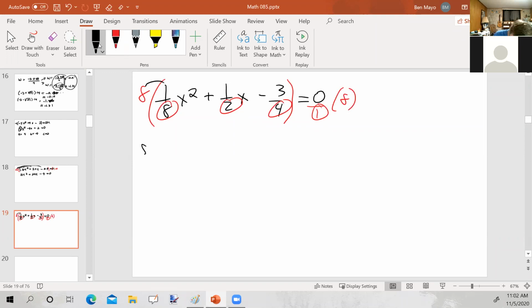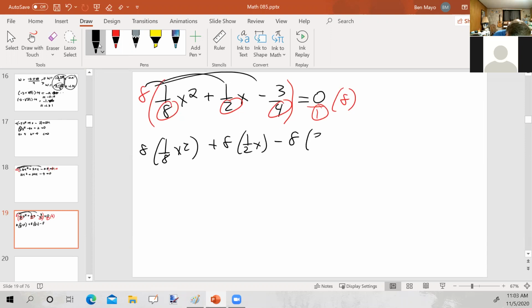So distributing, I get 8 times 1/8 x squared plus 8 times 1/2 x minus 8 times 3/4 equals 8 times 0. And I put that minus sign out here in front. I could have written plus 8 times negative 3/4, same thing.